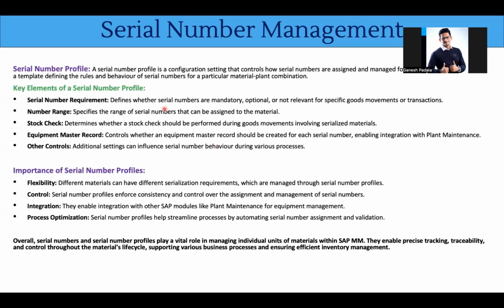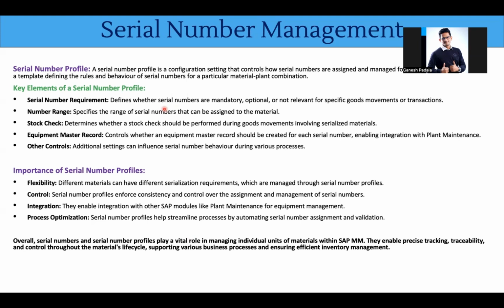The serial number profile is assigned to the material master in the plant data storage view. So it is at the plant level that you activate whether a material is serial number managed or not. For example, if your company has 5 plants, 2 main plants may do the procurement and sales, and the other 3 plants may be for in-house activities. They don't want to manage the serial number for the same product.